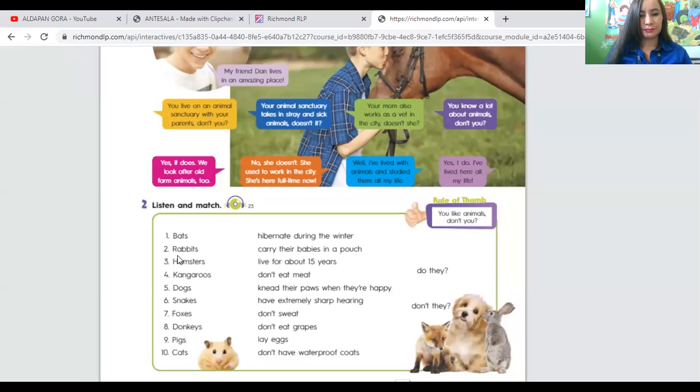Rabbits don't eat meat, do they? Perfect. Very good. Number three. Hamsters hibernate during the winter, don't they? Very good. Four.